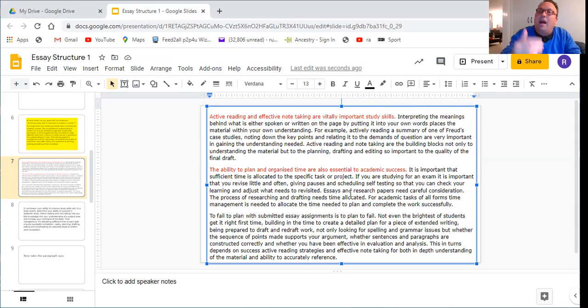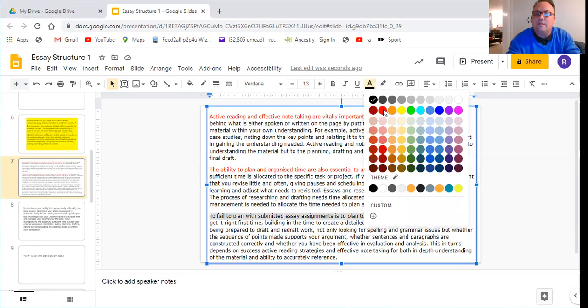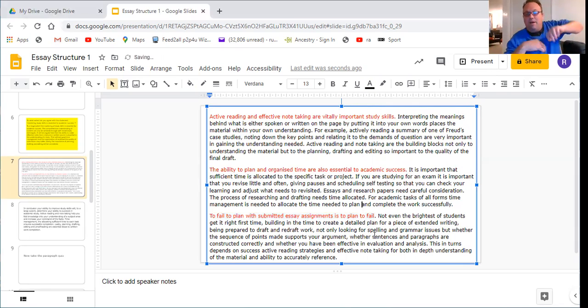Can you see how each topic is being introduced as we go through? The last paragraph is introduced by the sentence, to fail to plan with submitted essay assignments is to plan to fail, which looks at the planning process of the essay writing and the technique involved.